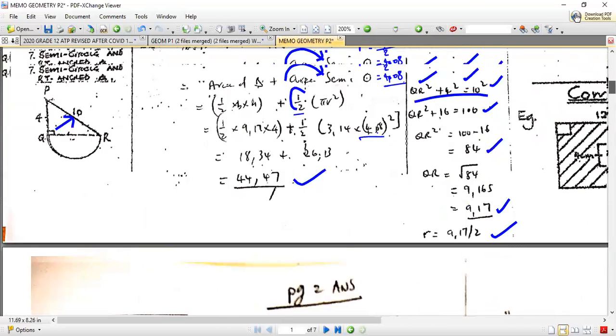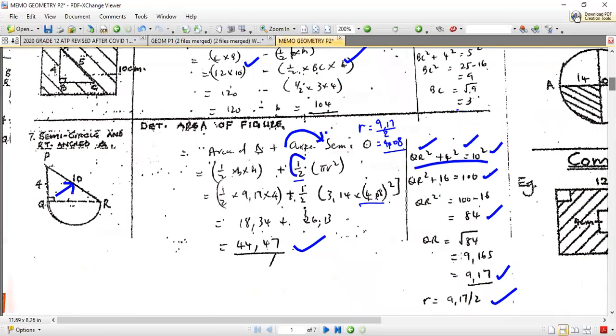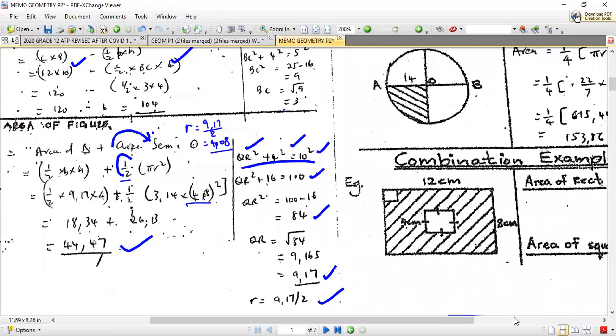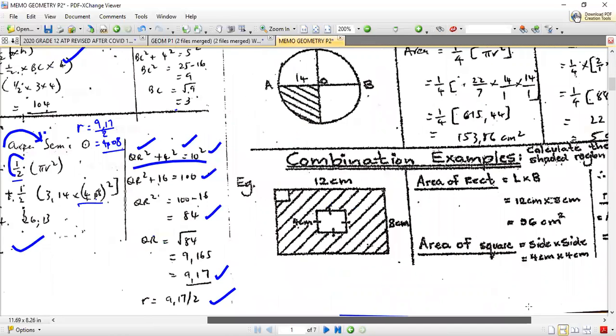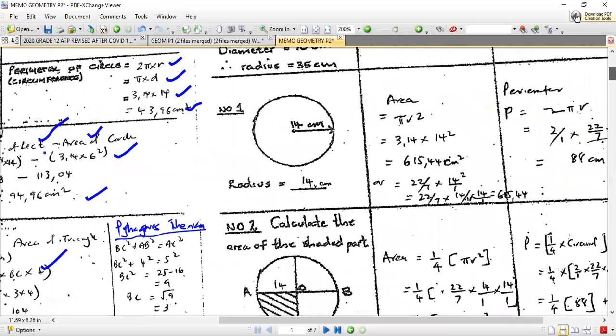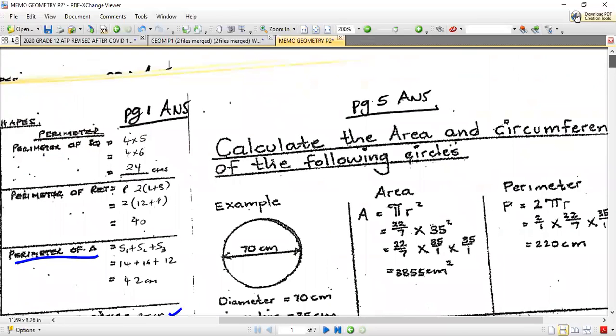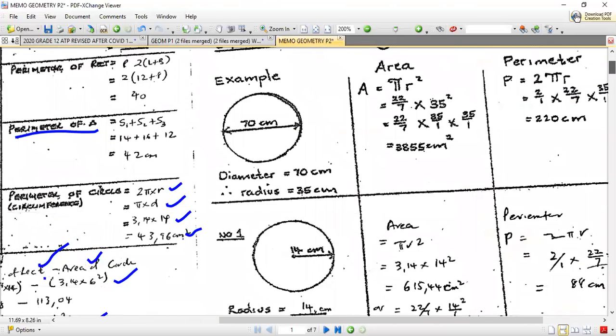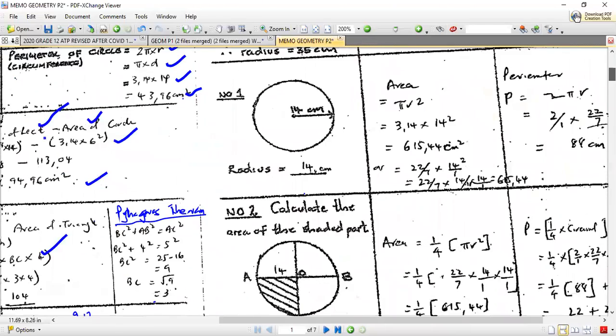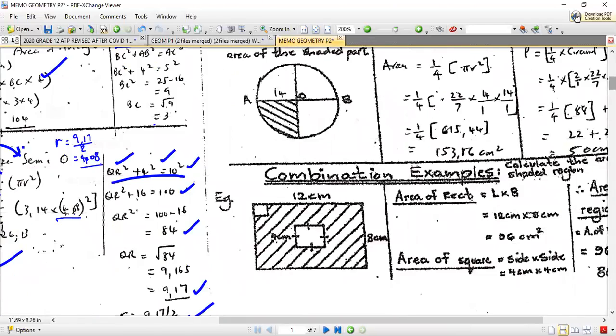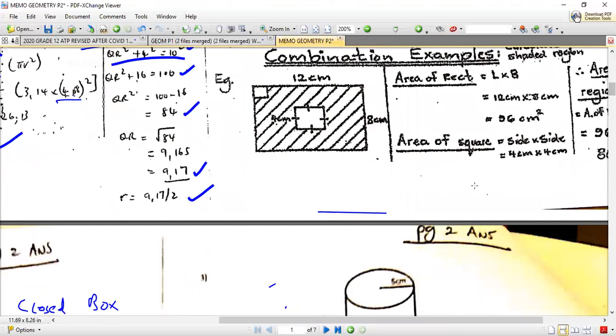In our next part of our syllabus, we are going to look at more complex three-dimensional shapes. But as you can see, we have got several circle questions on this page also.